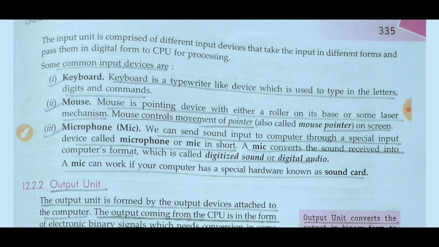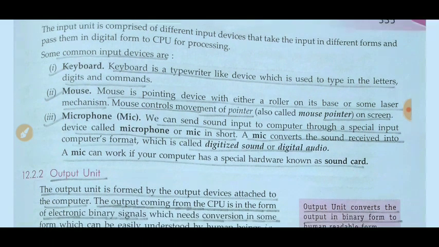So first it will convert our analog signal into digital form, then the computer can understand. A mic can work if your computer has special hardware known as a sound card, or one more thing, a sound driver, that is called an audio driver. It needs an audio driver or sound card, then the computer can understand your voice.